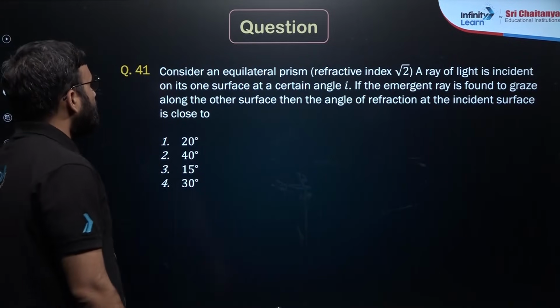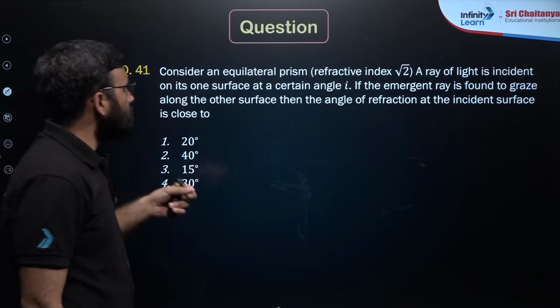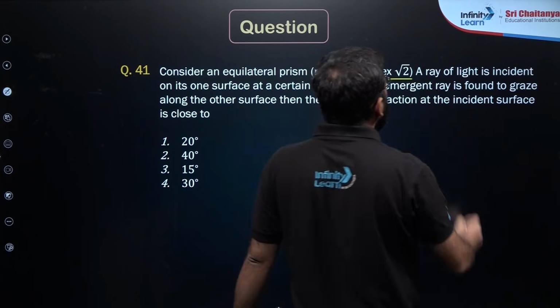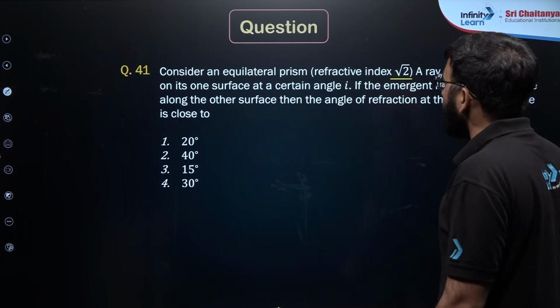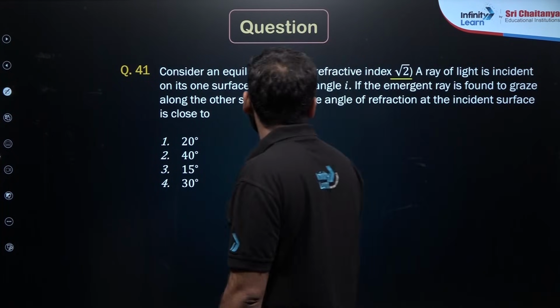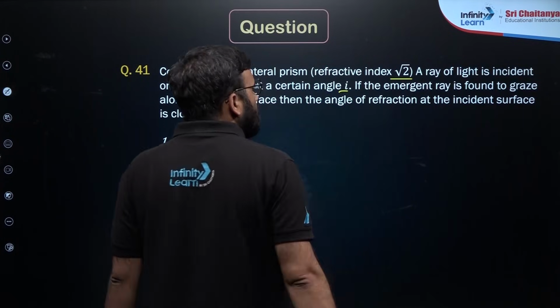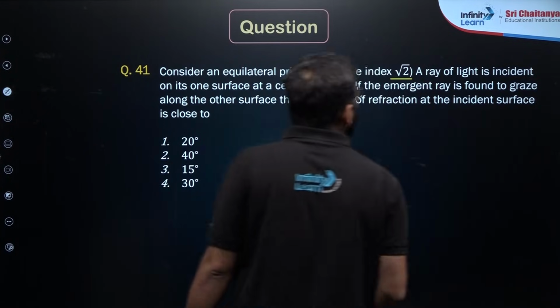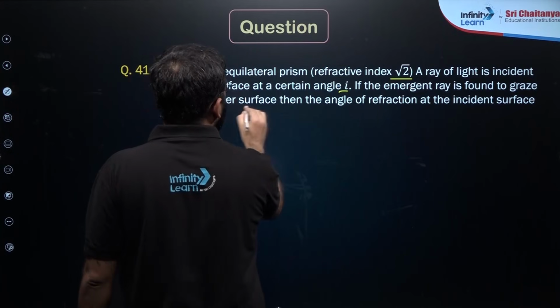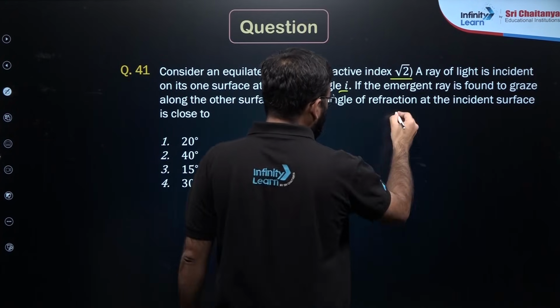Next one, consider an equilateral prism. Refractive index is root 2. A ray of light is incident on the surface at a certain angle i. If the emergent ray is found to graze along the other surface, the angle of incidence is close to.